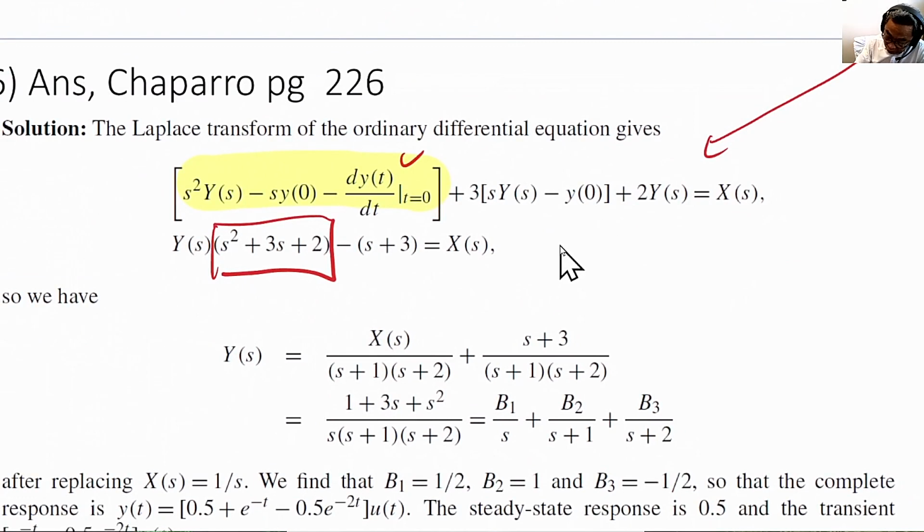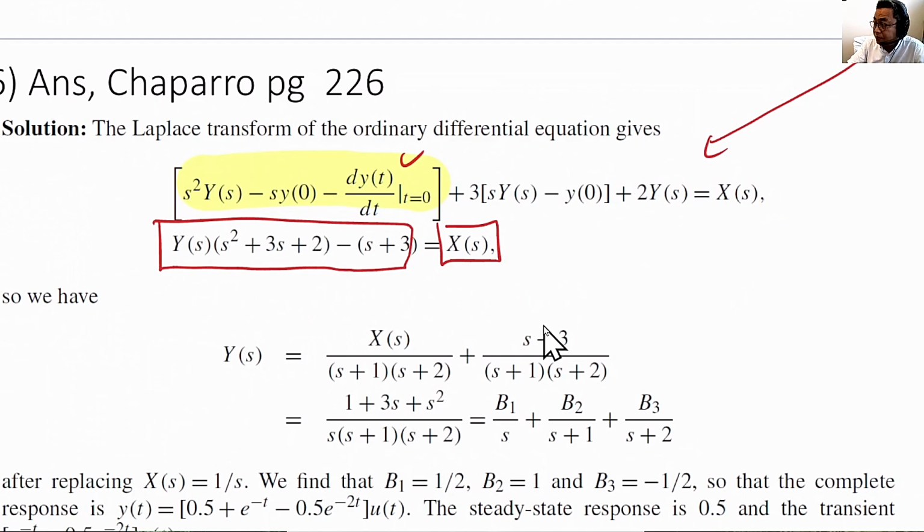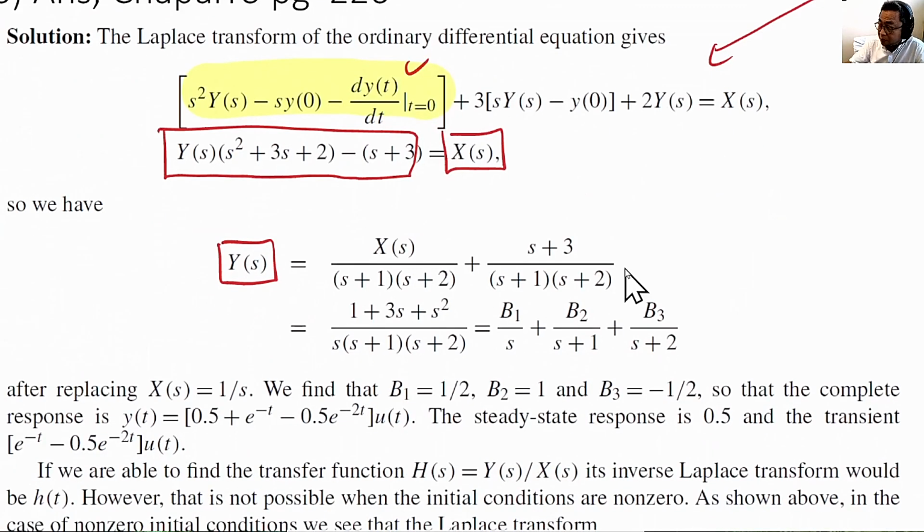We now have the algebraic equation showing the relationship of Y with X(s). Since we are interested in finding Y(s), because after finding Y(s) we will do the inverse Laplace transform to find y(t), we shift everything onto the right hand side.